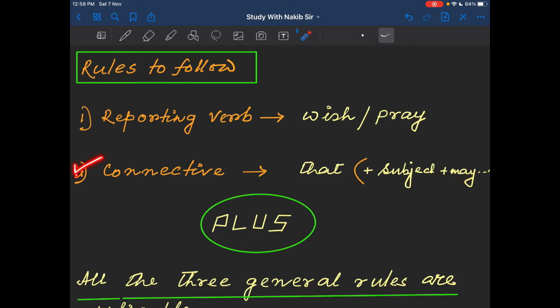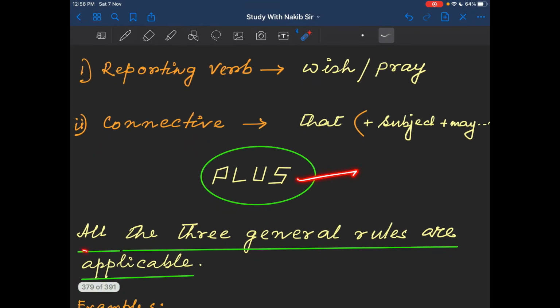So the second rule is the rule about the selection of a connective to connect the reporting speech and the reported speech. Plus, all the 3 general rules are applicable.